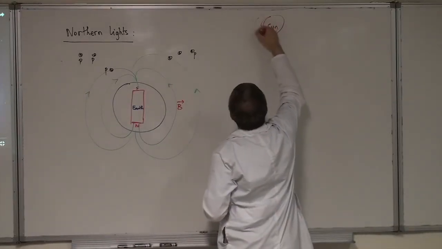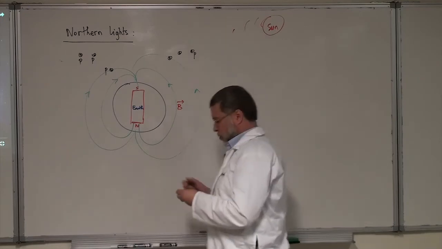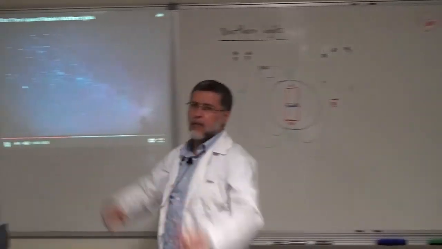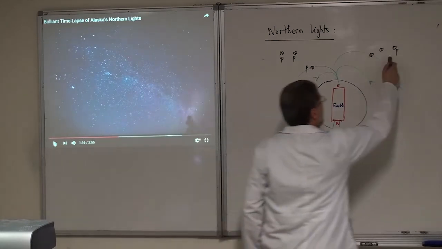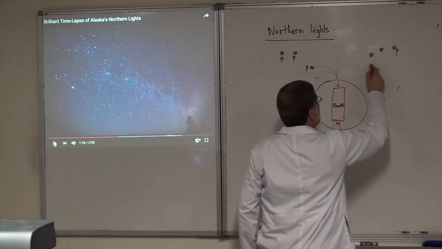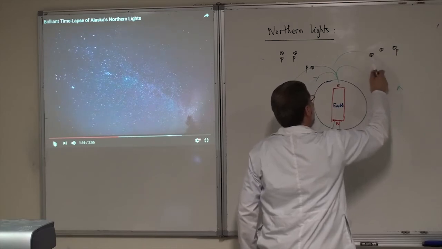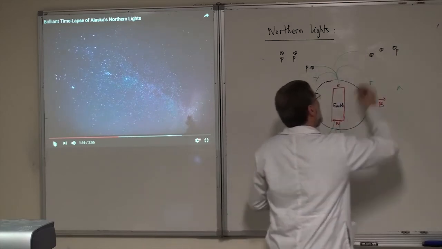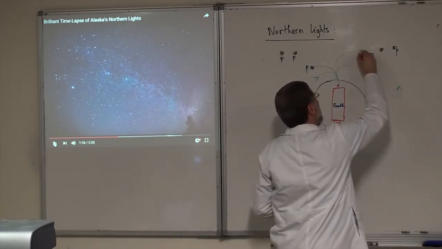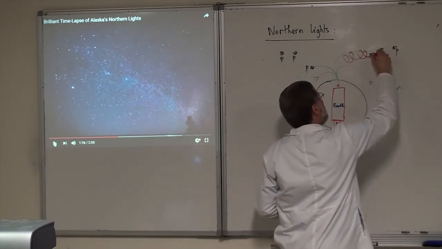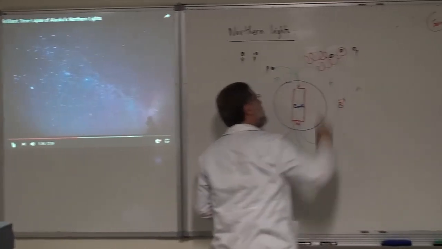The sun is here, and it is sending us these particles, protons, and they shower the Earth from time to time. Once they reach the magnetic field of the Earth, because V and B are not perpendicular, they start spiraling.